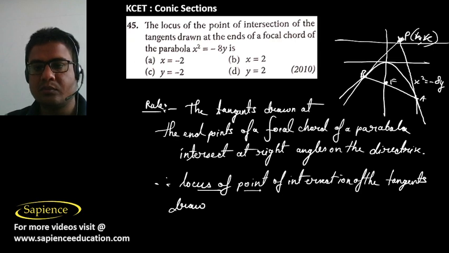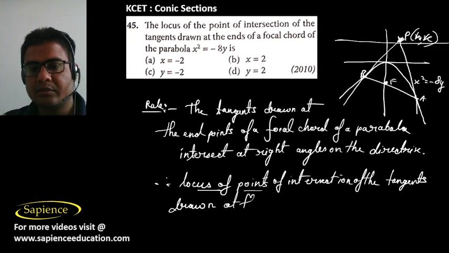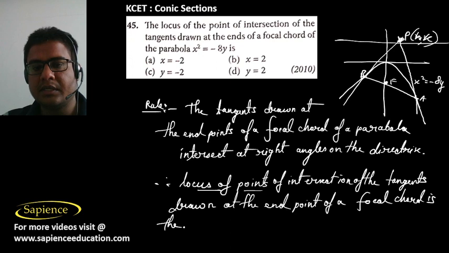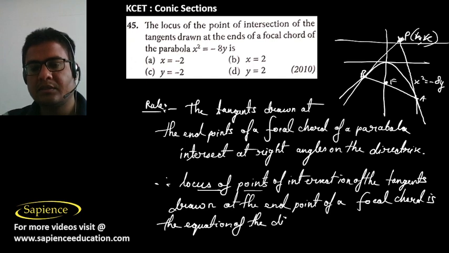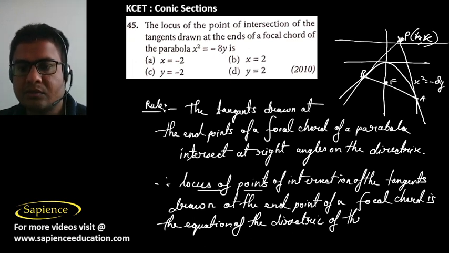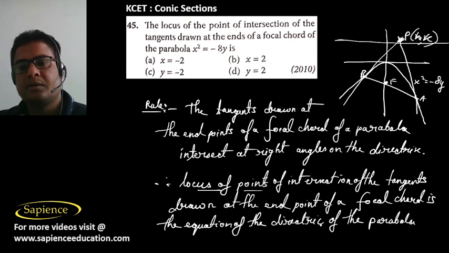The locus of the points of intersection of the tangents drawn at the endpoints of a focal chord is the equation of the directrix of the parabola.